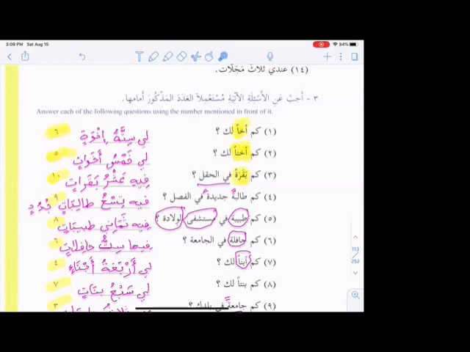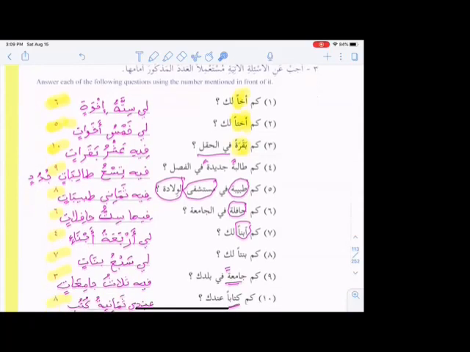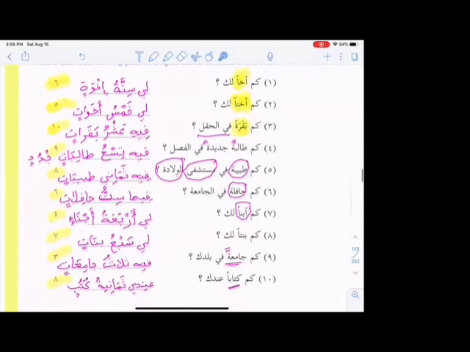Kam ibnan laka. How many sons you have? Li arba'atu abna'in. See, the numbers are given. You have to write down the same number. Kam bintan laka. How many daughters you have? Li sab'u banatin. I have 7 daughters. Kam jamiatan fi baladika.